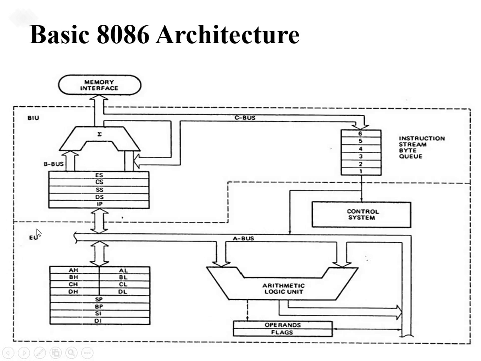In the execution unit, we have general purpose registers. The size of each general purpose register is 16 bits. Even the size of the segment registers and instruction pointer is 16 bits. Now this 16 bits is divided into 8 bits, right?